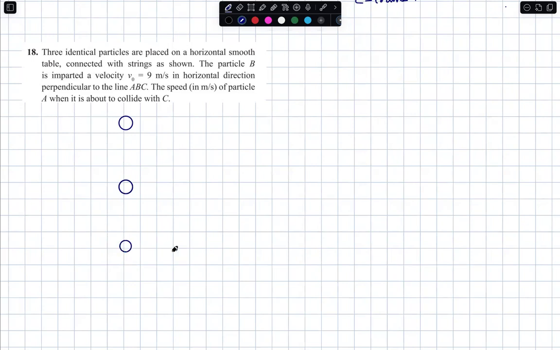This is how you have the system, and they named this as A, B, C.